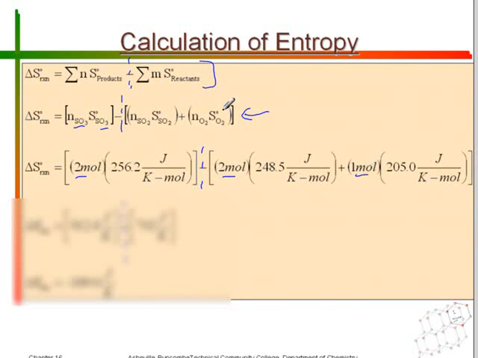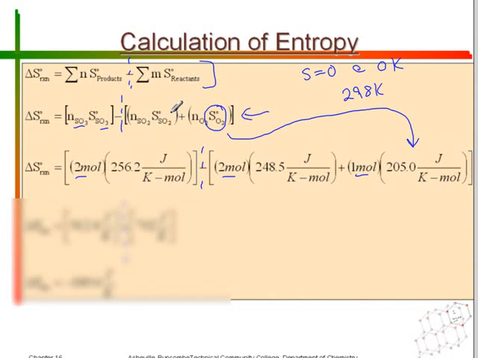Note the big difference here is that, remember, entropy is an absolute value. S is 0 at 0 Kelvin. As you warm things up, and we're at 298 Kelvin, there's a certain amount of entropy that is contained, if you will, in the compounds as listed.